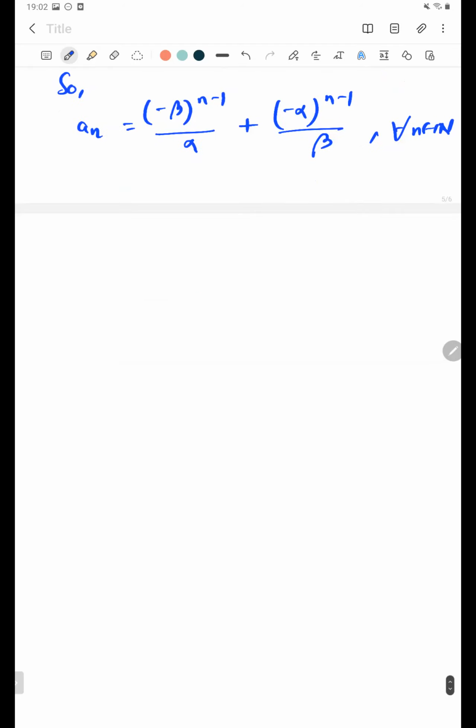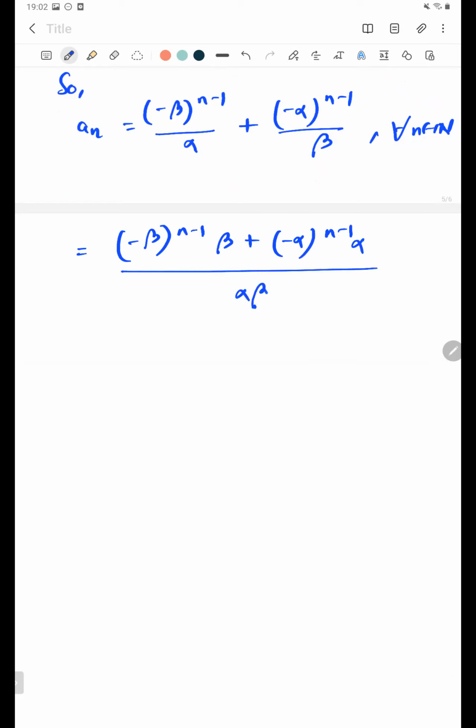This equals minus beta to the power n minus 1 beta plus minus alpha to the power n minus 1 alpha by alpha beta.